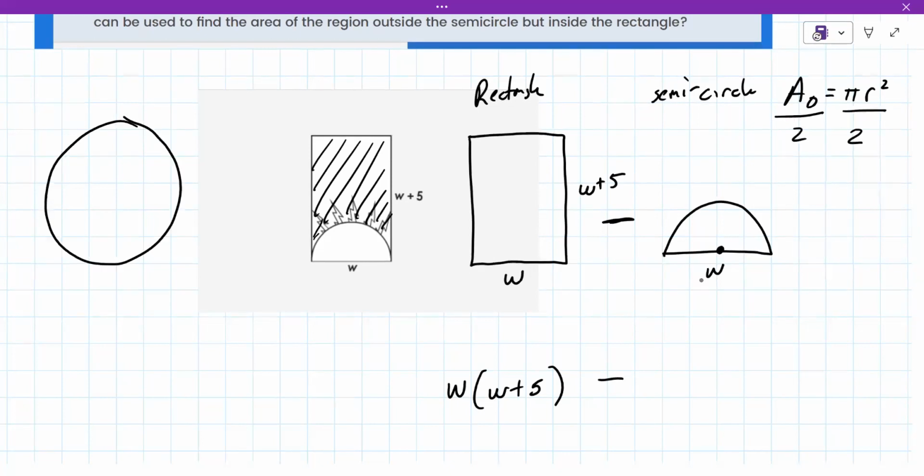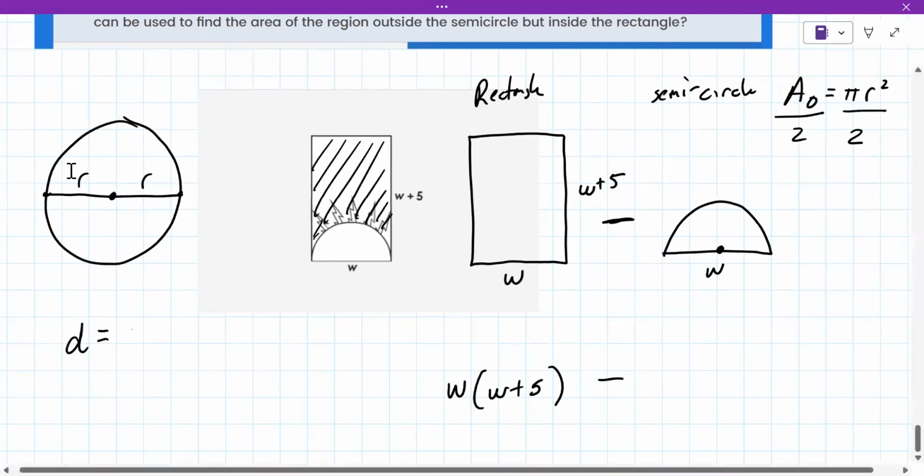Do you remember the relationship between the diameter and the radius? Isn't the diameter the line that goes through the radius? Well, a radius goes out from the center to the edge, and the diameter goes all the way across.